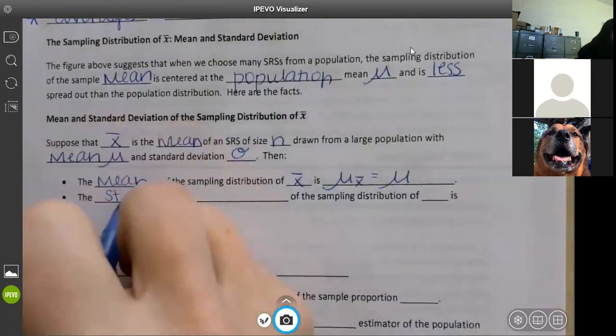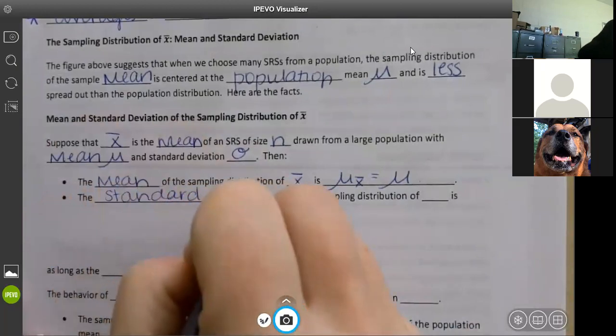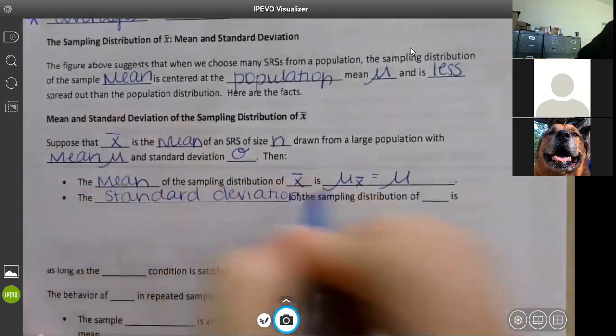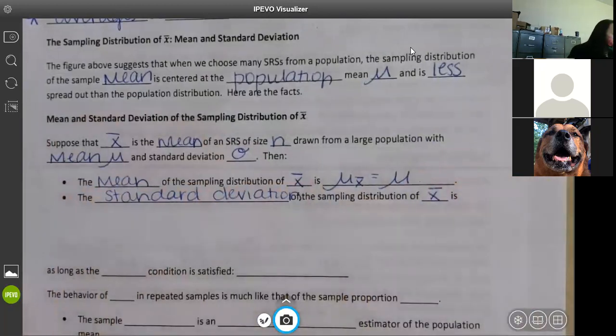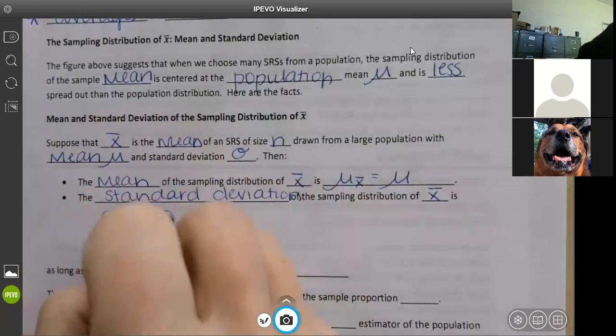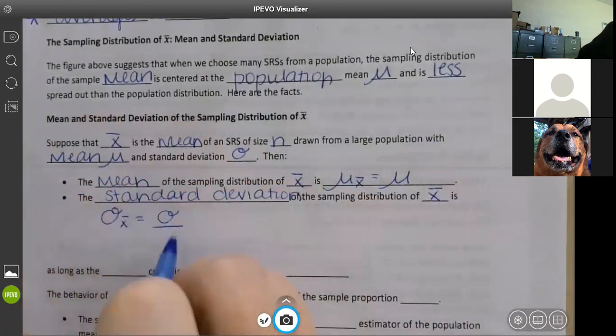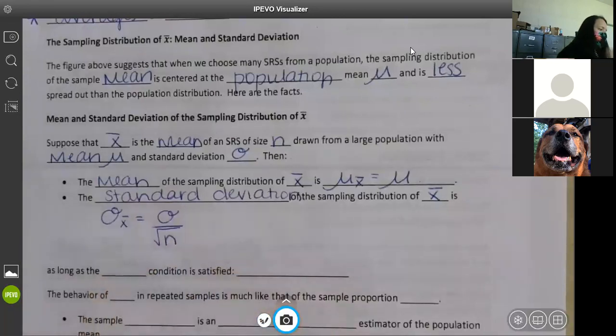However, the standard deviation of the sampling distribution of X bar is the population standard deviation over the square root of the sample size.